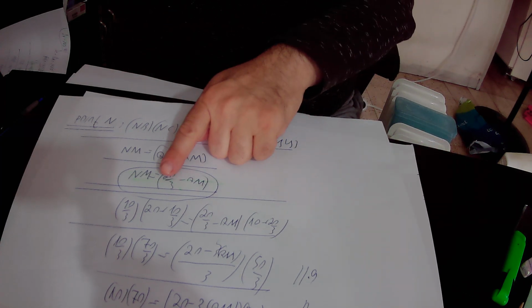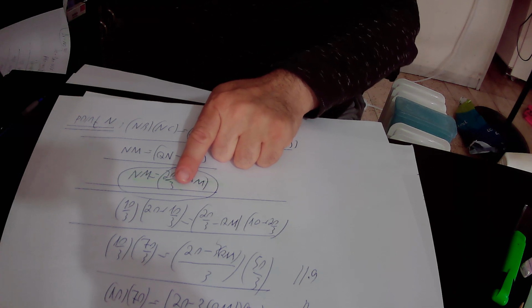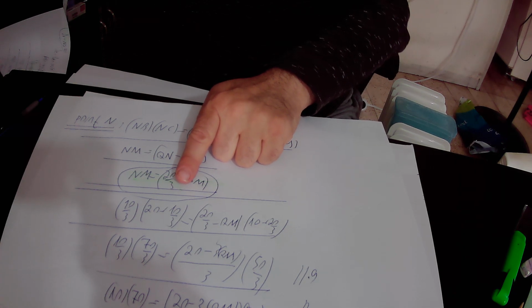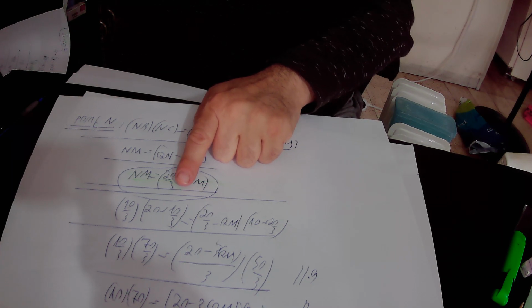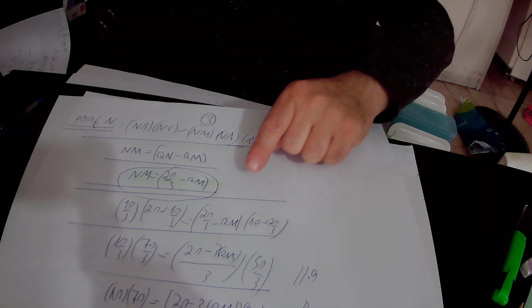So here we have 10 over 3 times 20 plus 10 over 3. We multiply 20 by 3 and divide by 3 in order to have a common denominator with 10 over 3. 20 times 3 is 60, and 60 plus 10 is 70, so the numerator is 70 over 3.